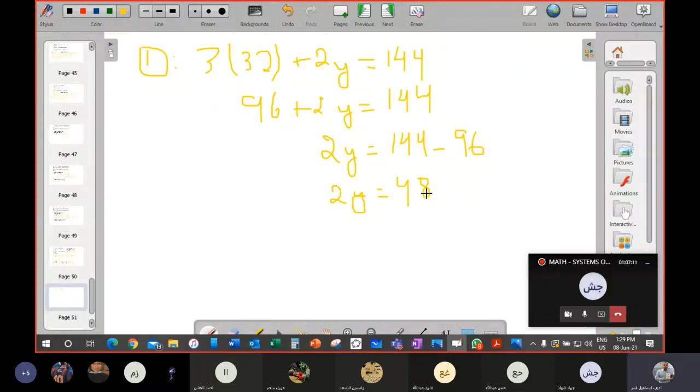So 144 minus 96 is 48. We divide both sides by 2, and y equals 24. So the solution is x, y: x is 32 and y is 24.